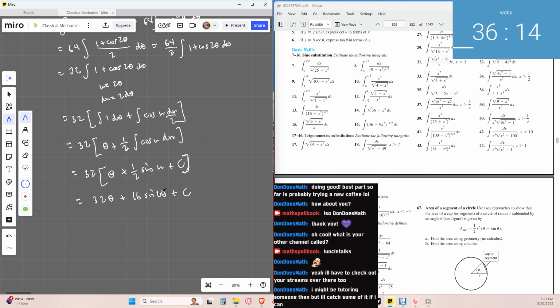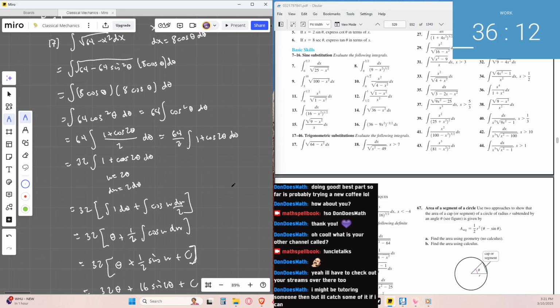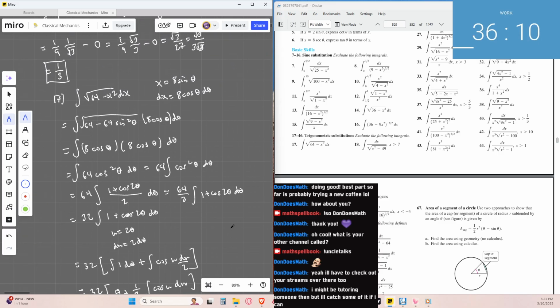Okay, so now we're gonna have to do the hard part. So we got x is equal to 8 sine theta, so theta is equal to inverse sine.